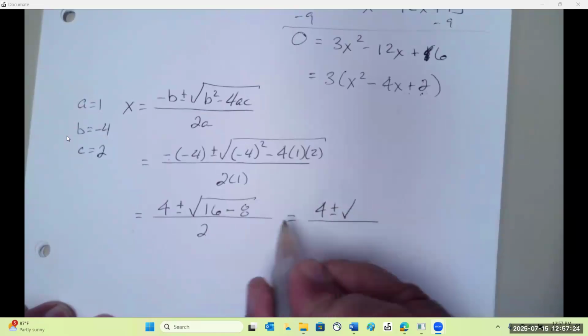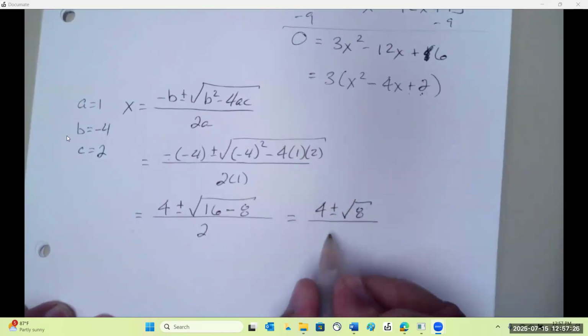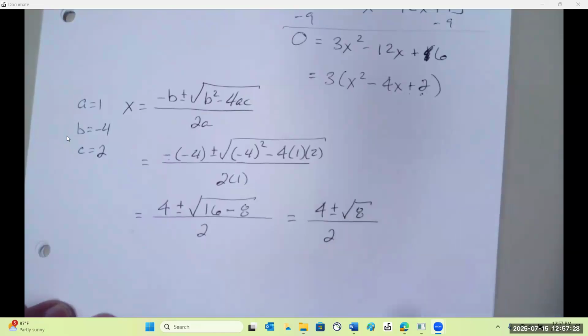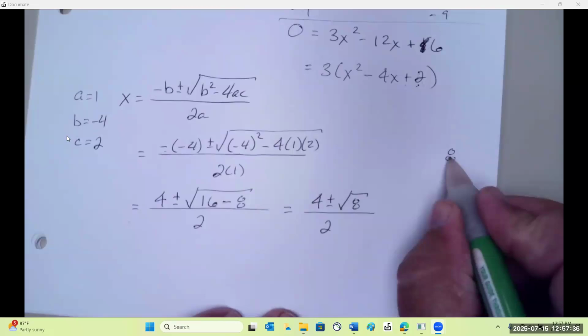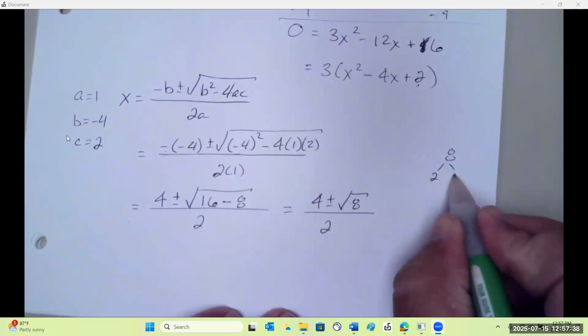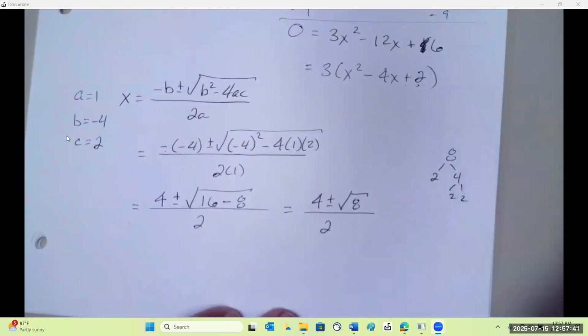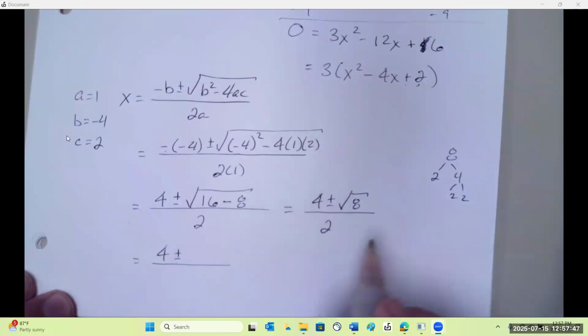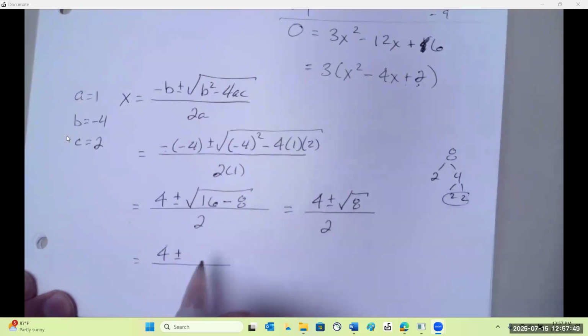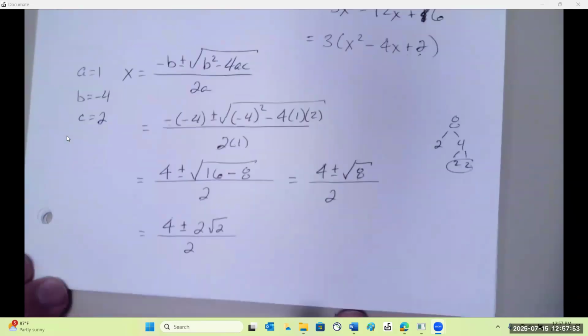Four plus or minus the square root of 16 minus 8, which is 8. Eight breaks down into 2 times 4, which is 2 times 2. So the square root of 8 is 2 square root of 2, over 2.